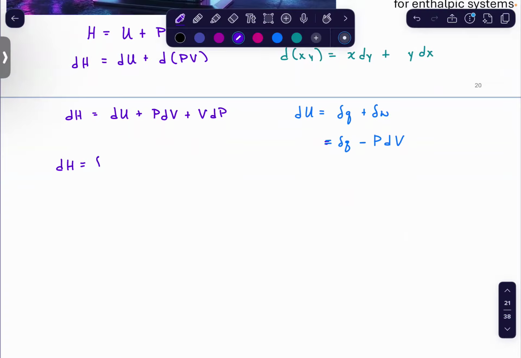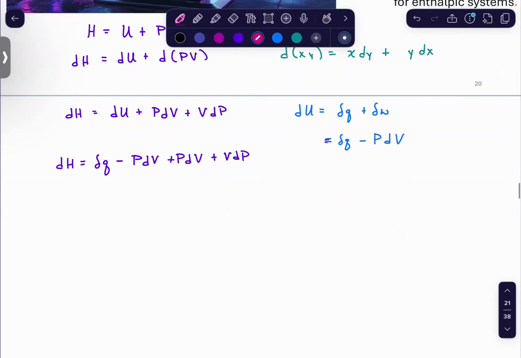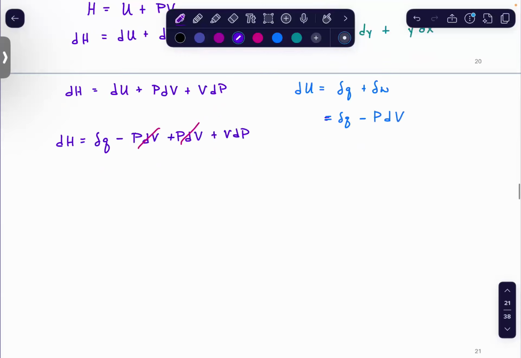So you're going to get delta Q minus PdV plus PdV plus VdP. And you notice that these two subtract out.